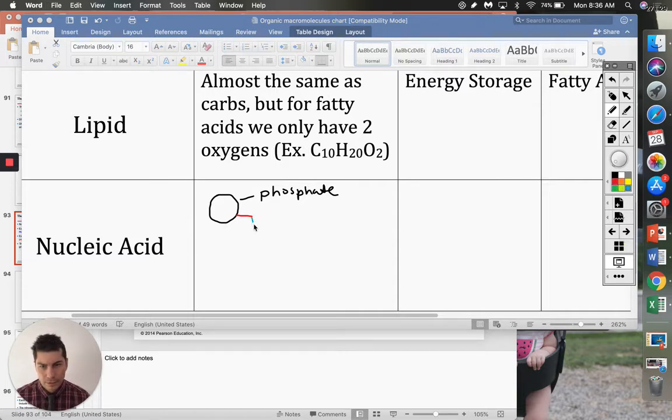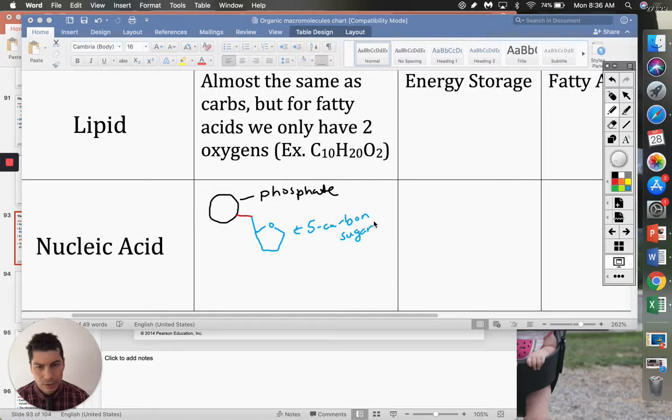I'm drawing this to the best of my ability. So for this one, guys, we are going to have a 5-carbon sugar.